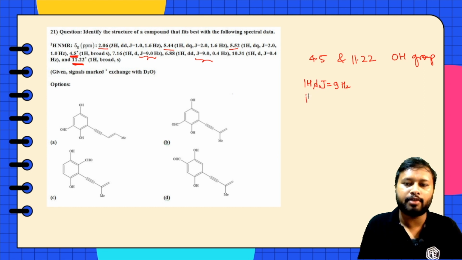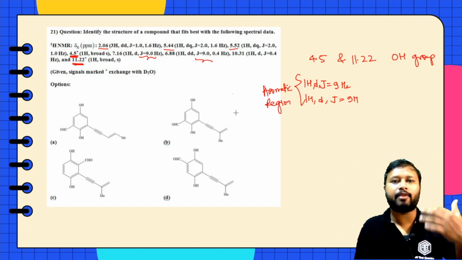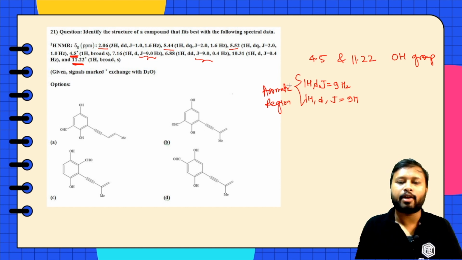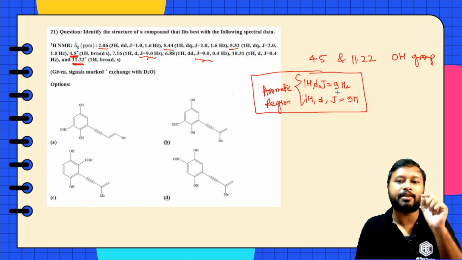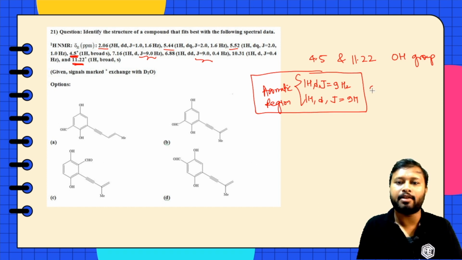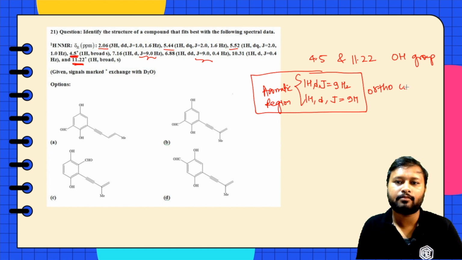If they lie in the aromatic region, remember this, the aromatic region is somewhere from 6.8 to 7.2 or 7.3. So if you are getting a peak in this region, and J equals 9 Hertz or 8 Hertz with a doublet and 1 hydrogen, this clearly means that this is a case of ortho coupling.